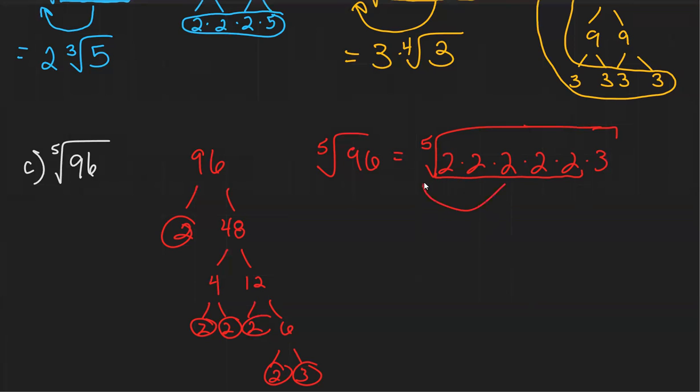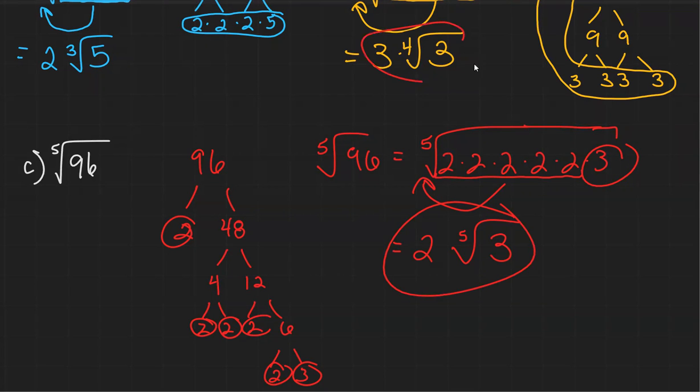So that can come out as just 1 2 again, right? If you take out a group of something, it's only going to come out as that one number, right? So if I take out a group of 5 16's, it's only going to come out as a single 16. Okay, so 2, 5th root of what's left? 3. So then there's our answer.